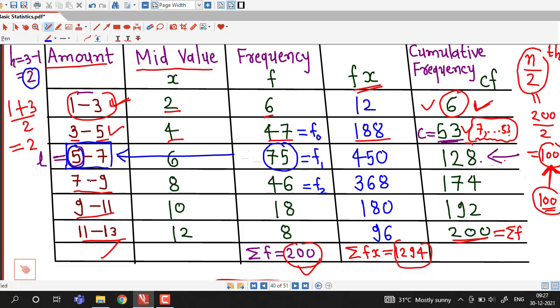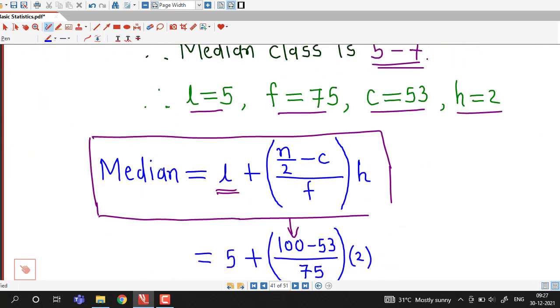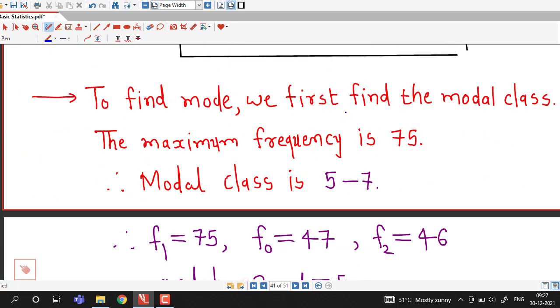So we have a ready-made formula for mode, and using all these values, L equal to 5, F0 equal to 47, F1 equal to 75, F2 equal to 46 and H equal to 2, in that formula we can easily find the value of mode. Here I have written, to find mode we first find the modal class. The maximum frequency is 75, therefore the modal class is 5 to 7.